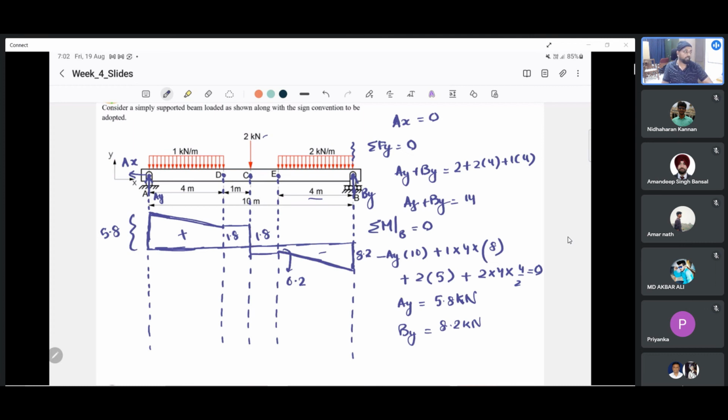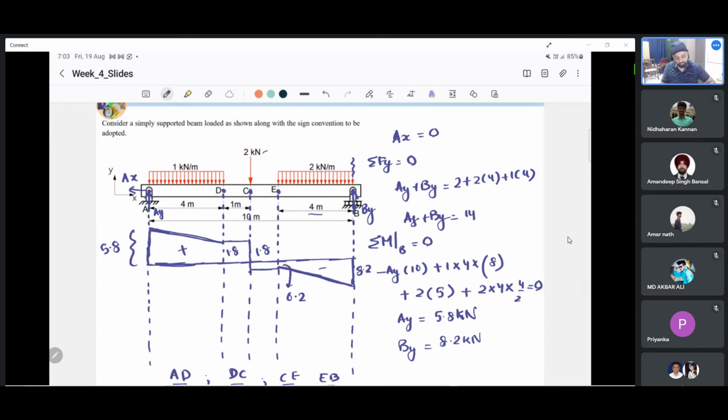For many who might be thinking how this has been drawn so quickly, I would suggest you consider this section first, section AD, then section DC, then CE, then EB. For these 4 sections, you have to do whatever we did earlier.